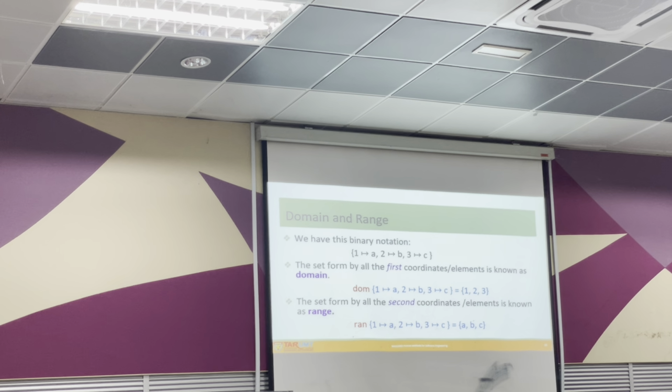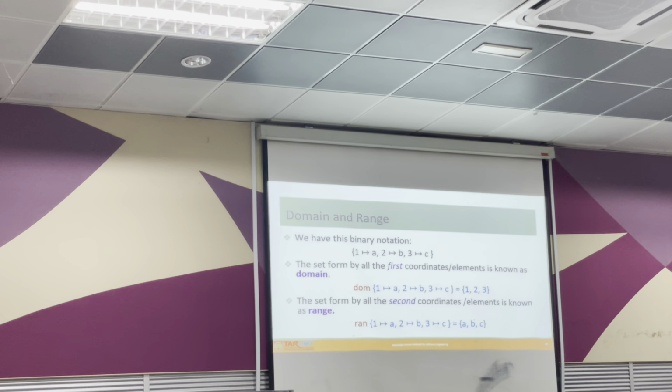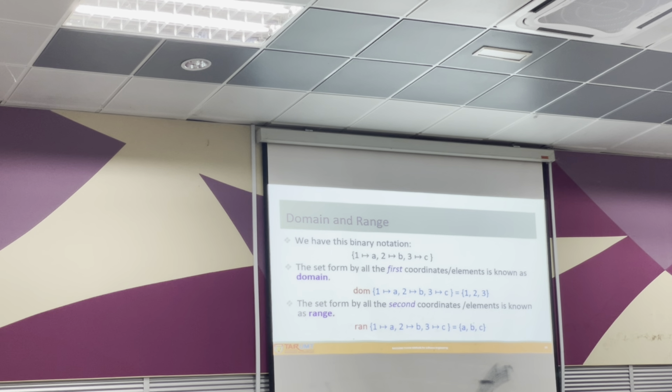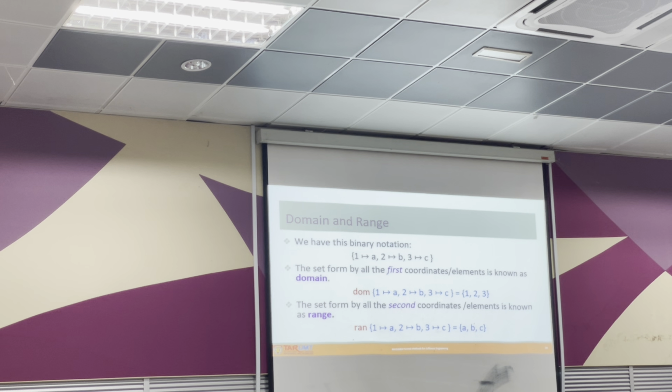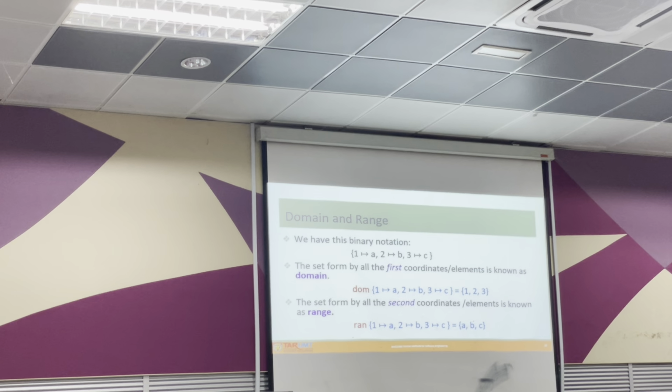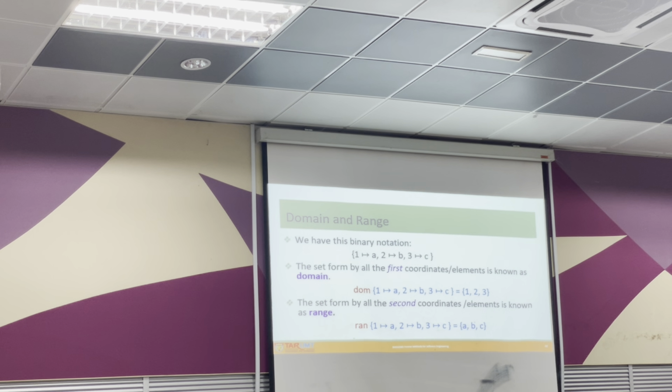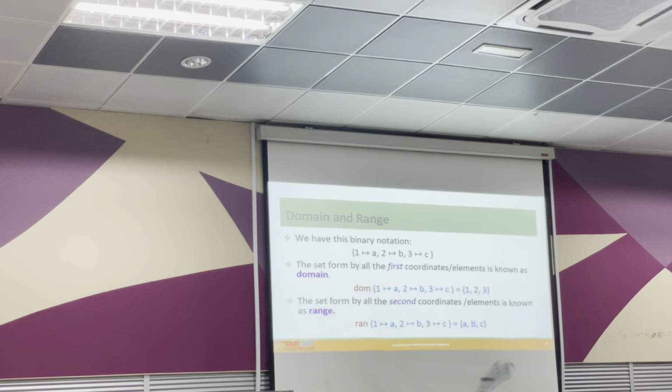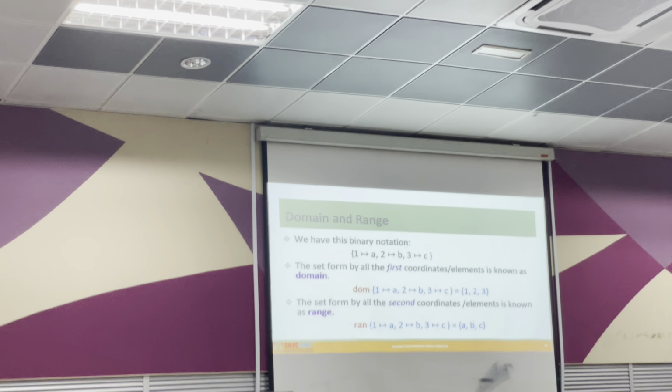But with domain and range, you are looking at all the records that you are going to have inside your database. When you talk about the first coordinate, all the first coordinates there. When you are looking at the second coordinate, you are looking at all second coordinates. So that is what we call domain and range.